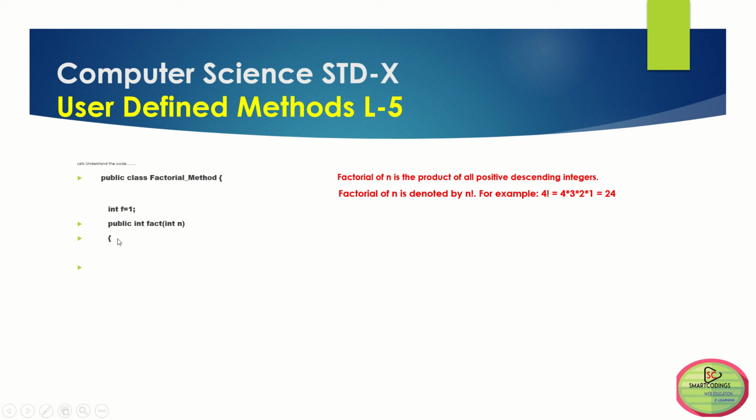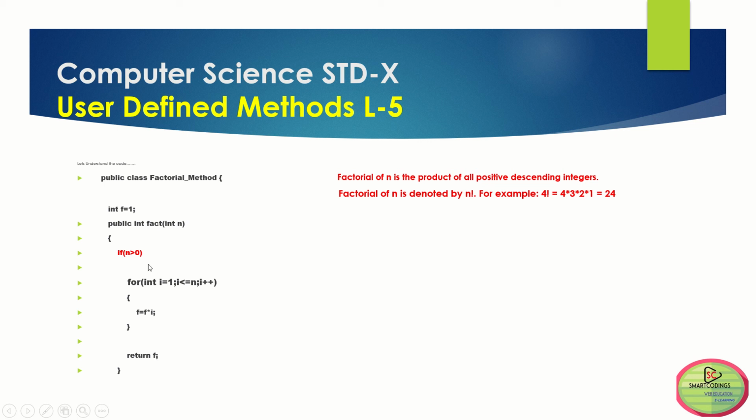Now let's move on to the next step, that is the logic part. After taking the input in n, we have to check whether n is greater than 0 or not. If it is greater than 0, then only we'll proceed to the next step. So inside the if block, we'll write the main logic of factorial.